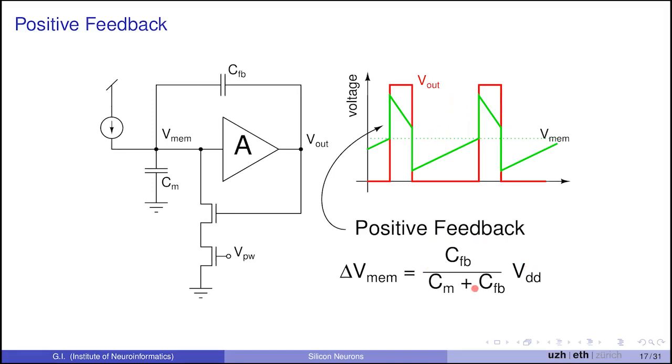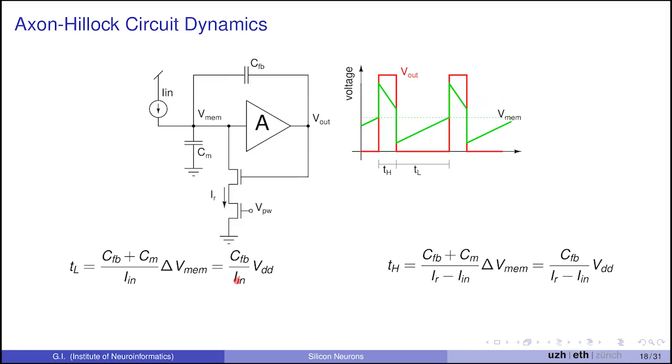So if we replace this delta Vmem, we can get this period. And it makes sense. The smaller the input current, the longer it will take for the capacitor to charge. So the more distant the spikes will be, the larger will be TL. So TL is inversely proportional to the input current.